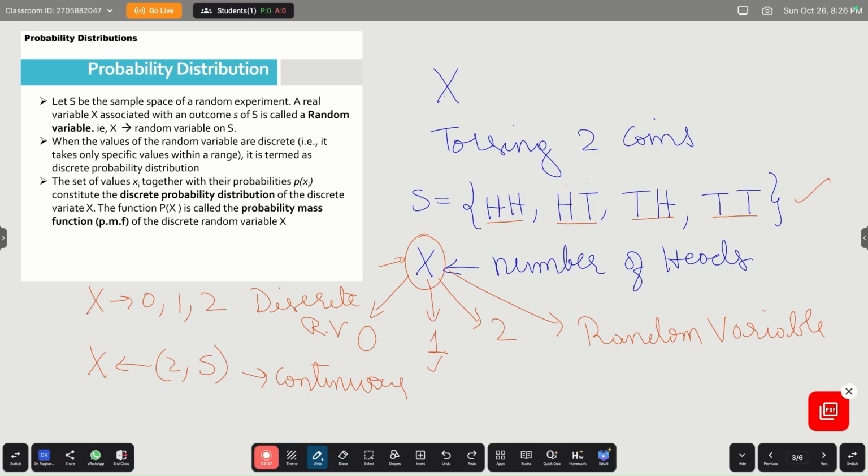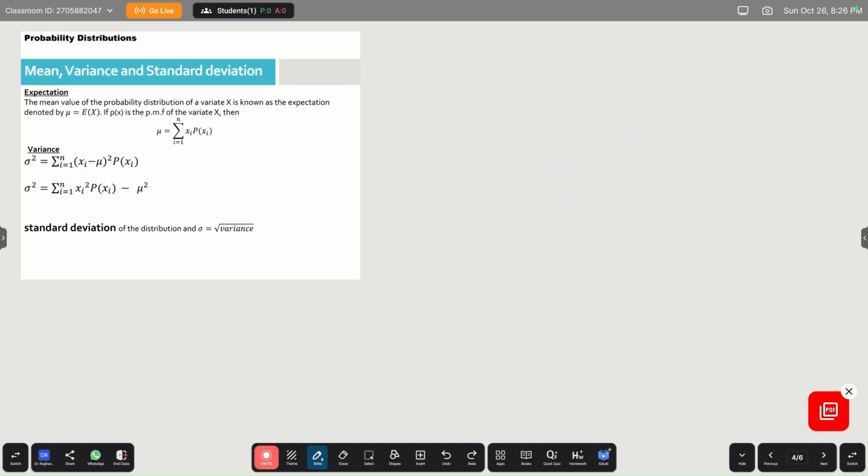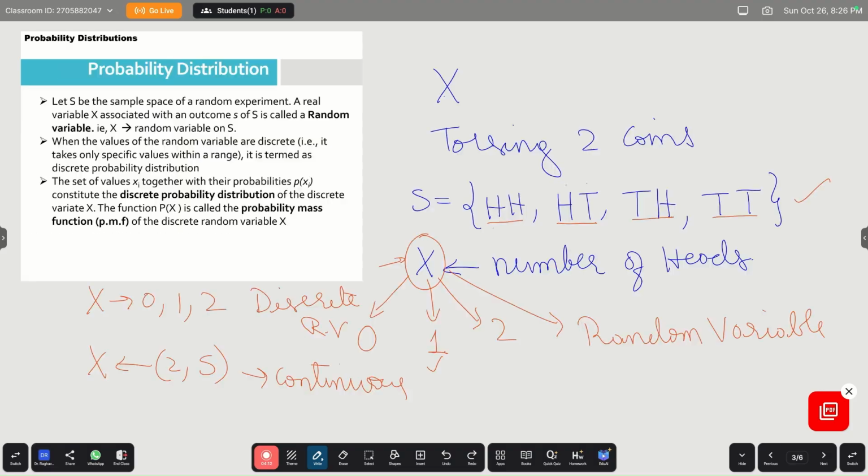Hope you have understood what a random variable is and the difference between a discrete random variable and a continuous random variable. Now let us understand what probability distribution is. Let me write here.